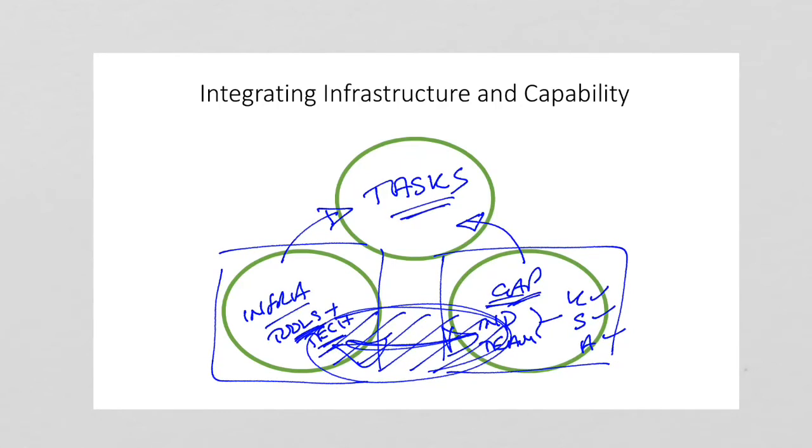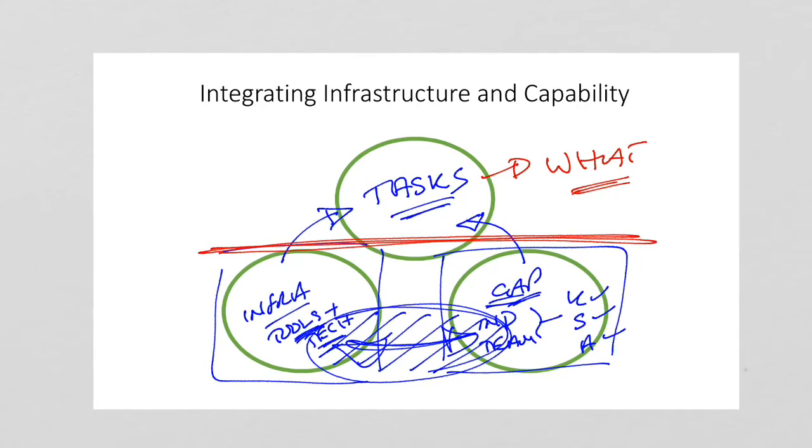The important thing to remember between the activities, the tasks, and the infrastructure and the capability is that there's a divide in the thinking. Whereas tasks are clearly what is it we're trying to do, and the infrastructure and the capability is the how are we trying to do it.